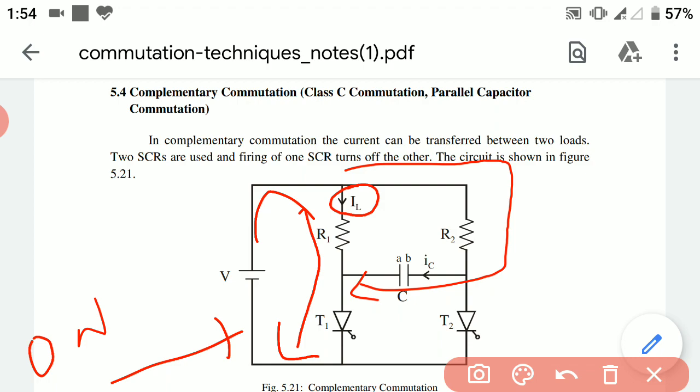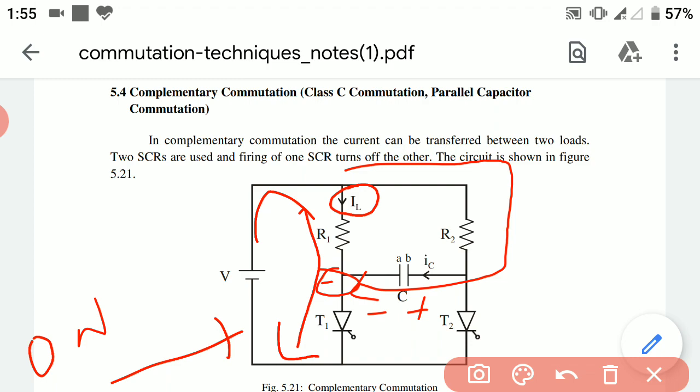Now due to this direction of current, the capacitor C will start charging. Capacitor plate B will be at positive potential and plate A will be at negative potential. Due to the negative polarity of plate A, that is, negative polarity at this node, the thyristor T1 will be reverse biased.